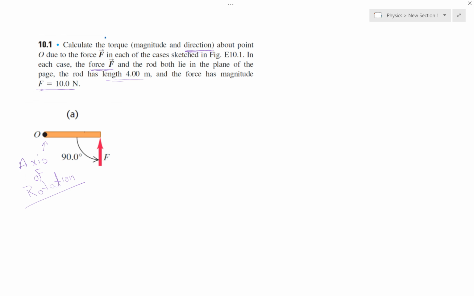So we know that the lever arm is going to be the distance between the axis of rotation and the force applied. So I'm going to go ahead and draw that right here in purple. It might be a little bit hard to see, so I'm going to double up on that line. That right there will be our lever arm vector. I'll label it R.